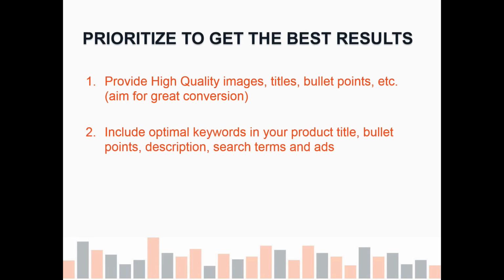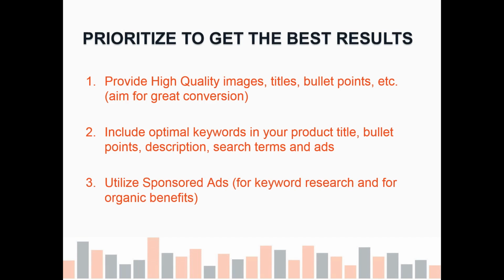If you're aiming for great conversion, then your product probably is going to rank well, as long as you follow the second step, which is appropriately including the right type of keywords in those titles, bullet points, and descriptions. But don't keyword stuff in such a way that you would negatively affect the conversion rate of those products. Focus first on conversion and then include keywords for search.